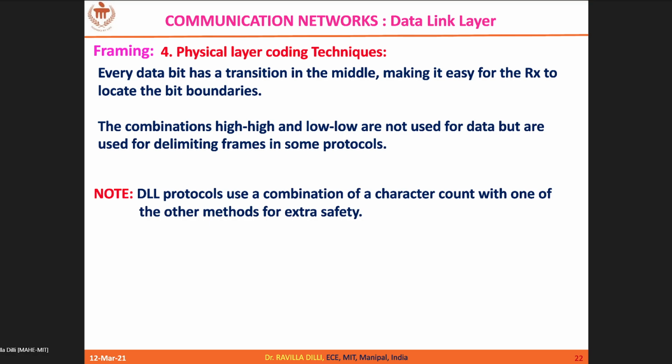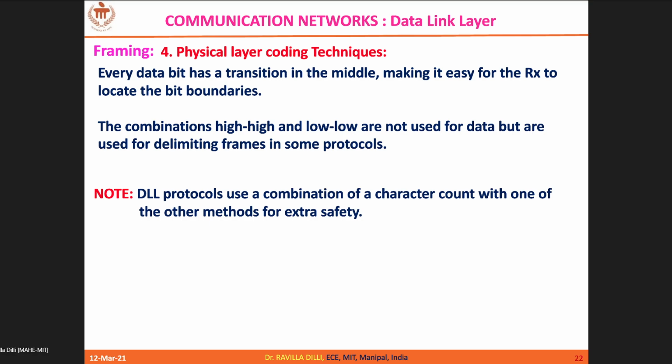The last technique is called the physical layer coding technique. The frame bits are a binary stream of ones and zeros. When you do Manchester coding or differential Manchester coding in the physical layer, you move either from low to high or high to low.